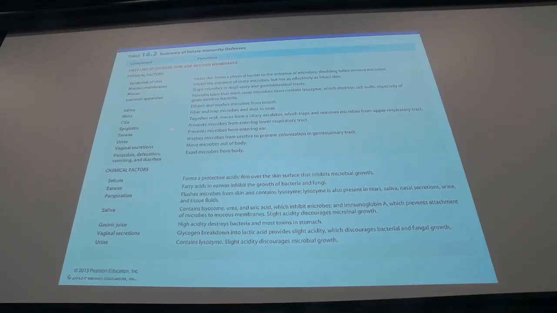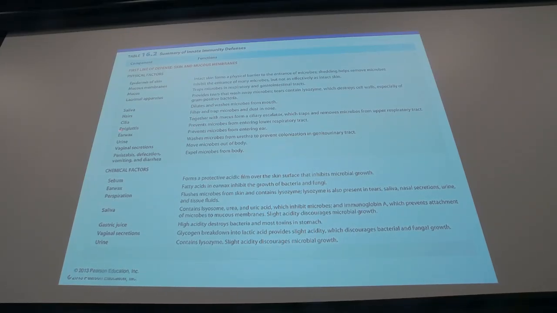And then we have vaginal secretions. In the vagina, during reproductive stage, we have high acidity levels due to the presence of lactobacilli, and that will help to control these microorganisms from entering into our body.